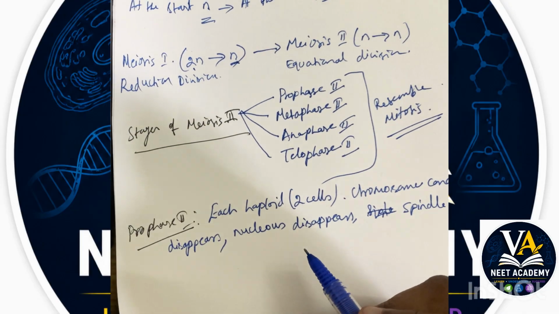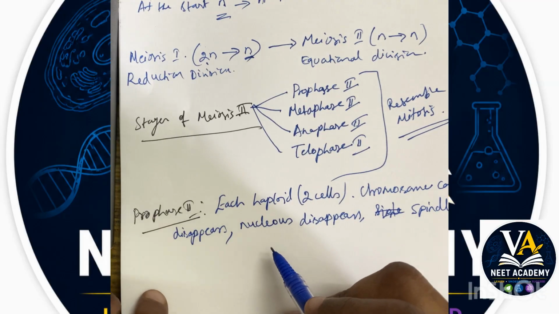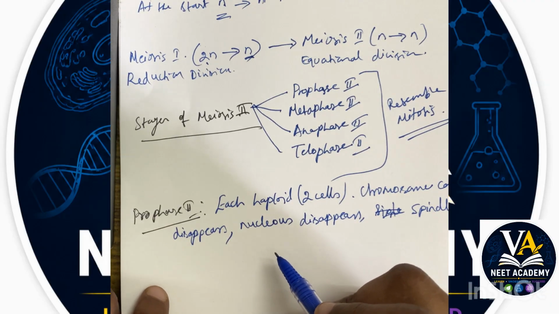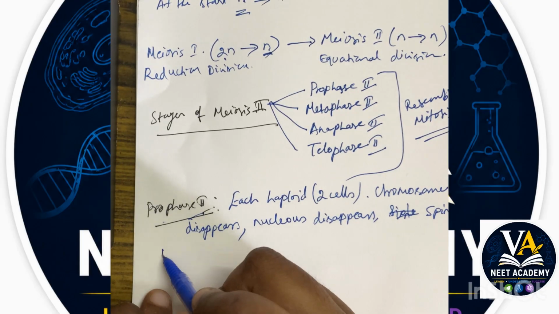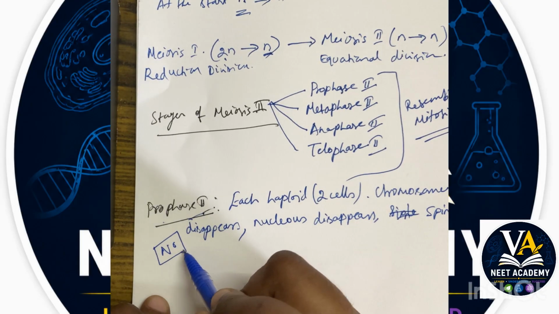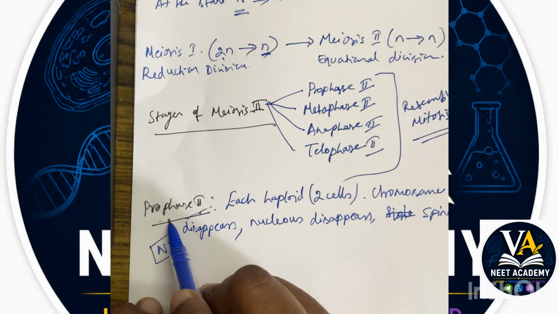One of the neat questions which is possibly asked is, does DNA replication occur before prophase II? The answer is no. There is no replication of DNA molecules before prophase II.